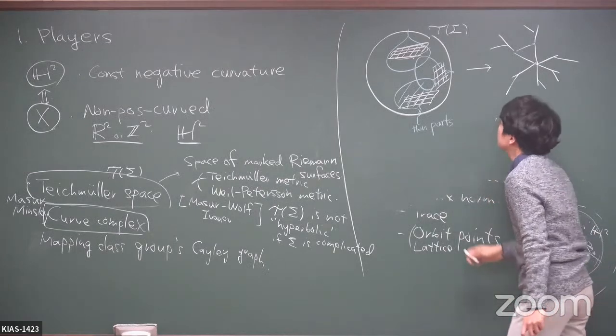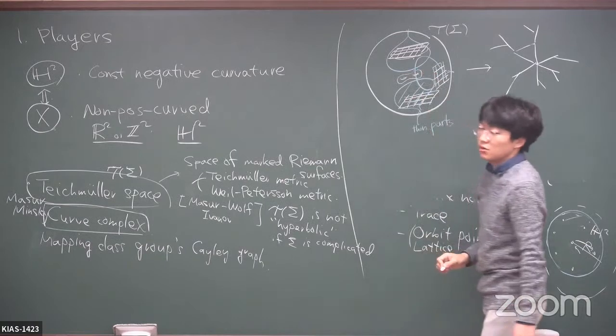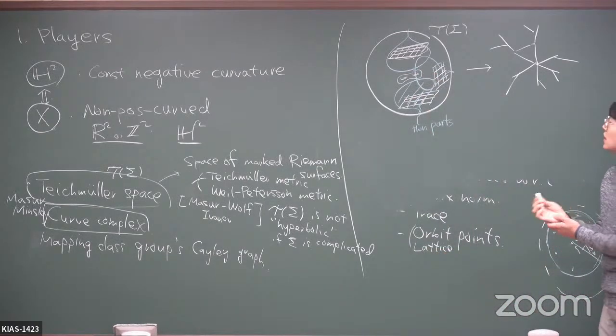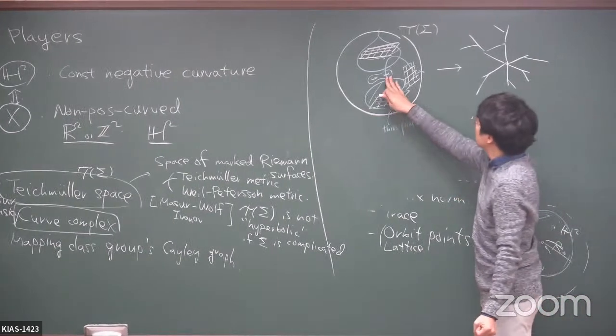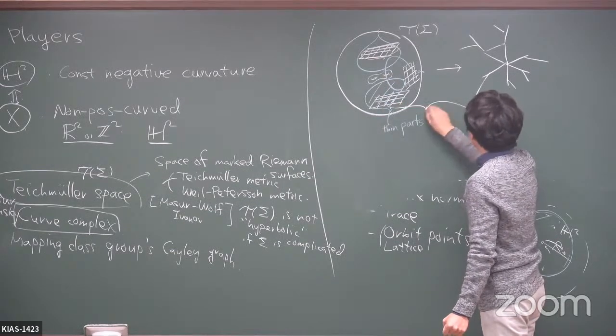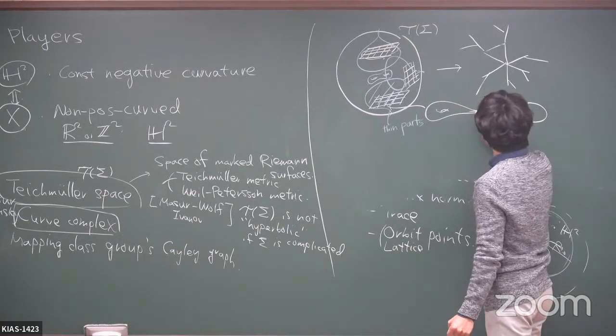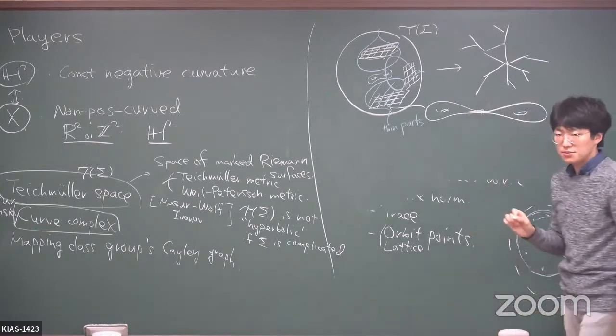To describe this, each point of the Teichmüller space is a Riemann surface, a marked Riemann surface, and some Riemann surfaces have a very fat property. So some Riemann surfaces look like this, whereas some Riemann surfaces look like this, with a very thin waist.